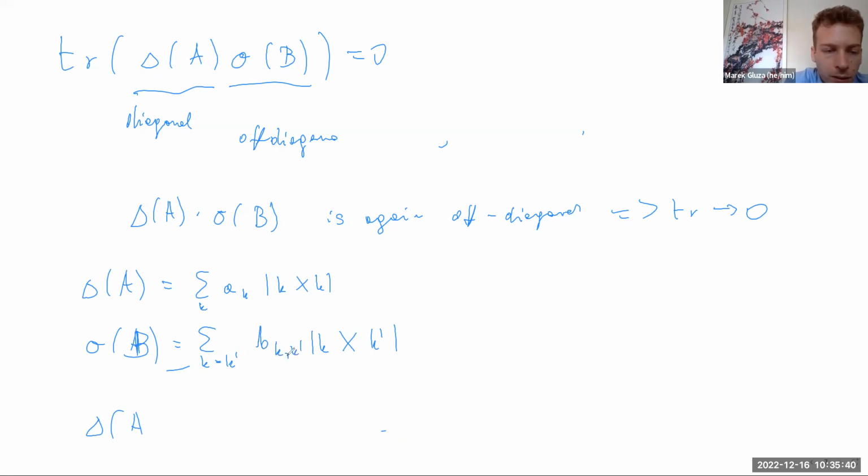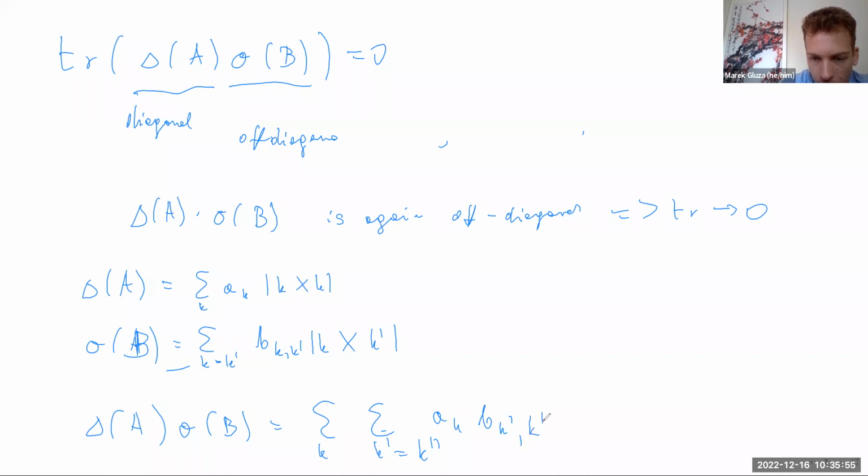B k prime, sigma p is the summation over k prime not equal to k of a k b k prime k double bar k prime k double prime, and we will see that we will get a delta k prime, and so those two will be equal.